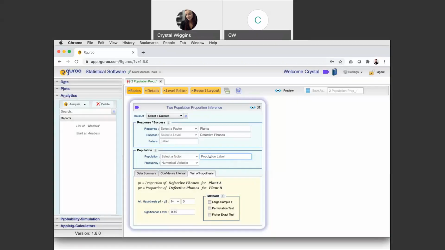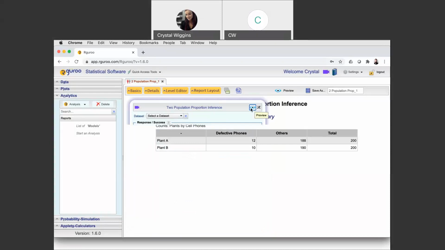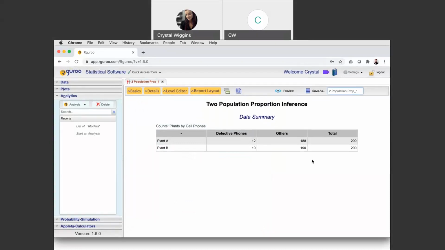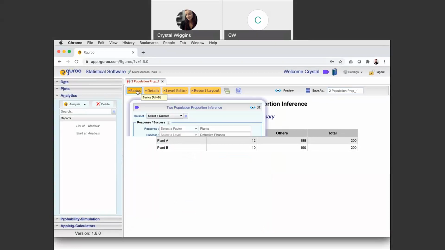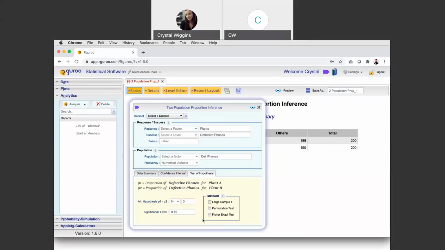Let's label the population cell phones. I must have missed something because the hypothesis test is not there. I'm going to guess that I forgot to select this box.